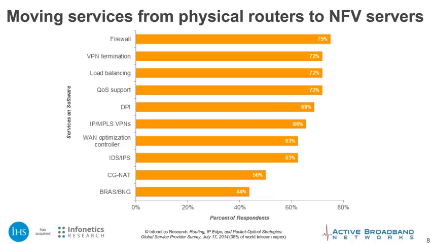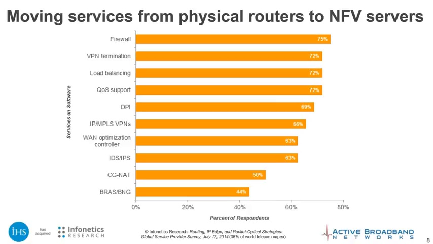And if you go down the list closer to the bottom, for IDS, IPS, almost two-thirds are moving that off. So a lot of operators, pretty much a majority, this is an unqualified measure of a trend. This is going to happen.